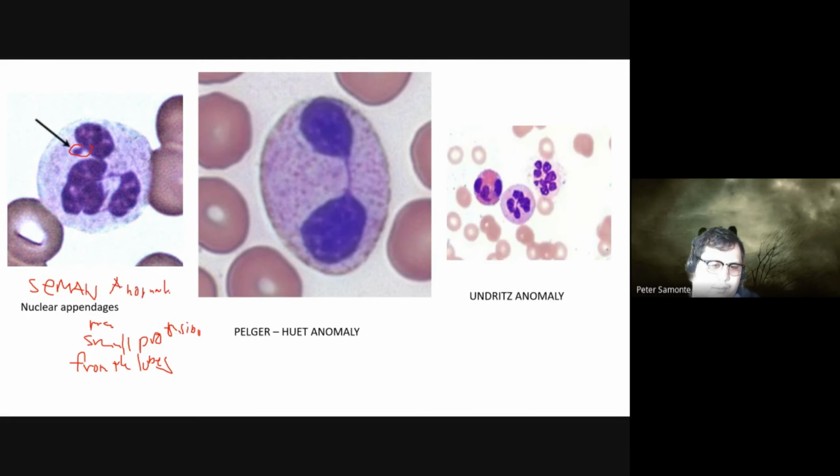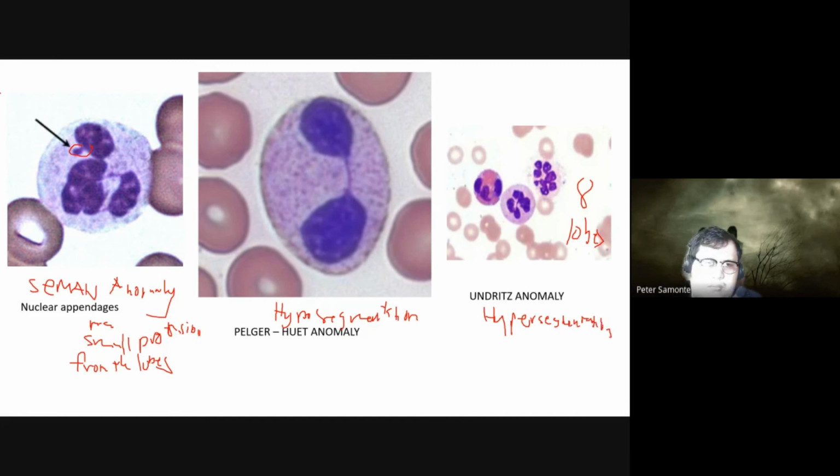Then we also have your Pelger-Huet anomaly, or hyposegmentation. And we also have your Alder, which is characterized by your hypersegmentation. So if you notice here, 1, 2, 3, 4, 5, 6, 7, 8 lobes. Hypersegmentation.